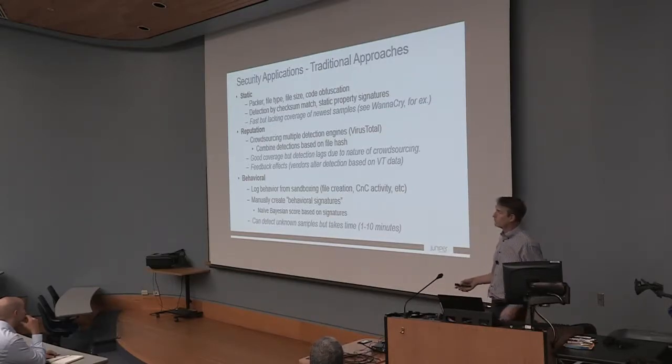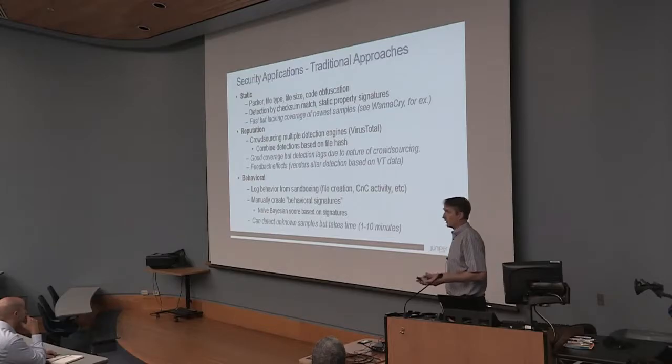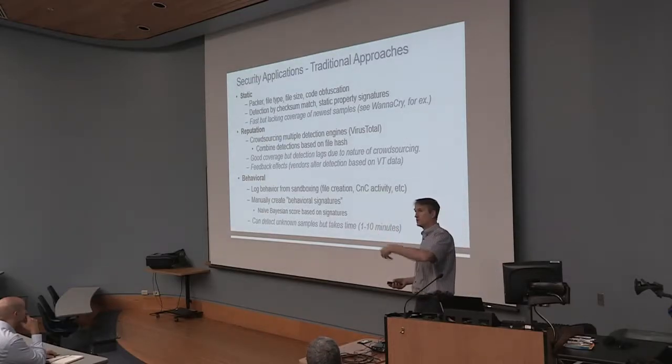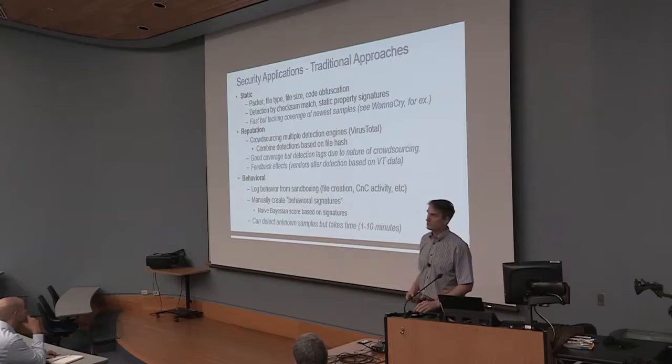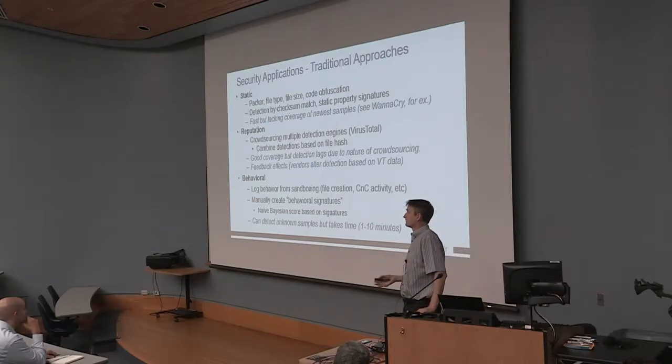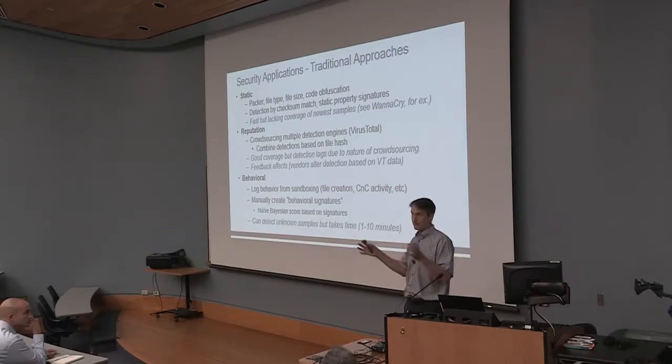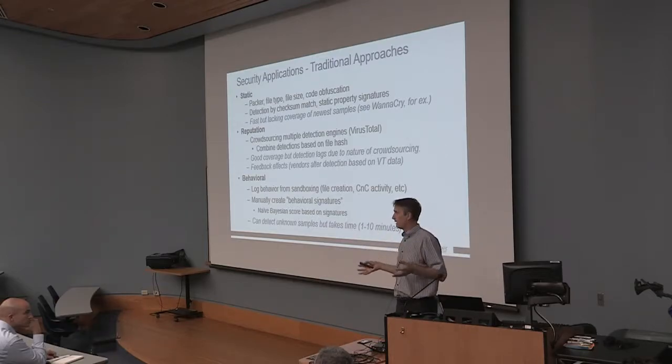And that's also what most network devices use to detect whether or not the incoming flows are malicious. There's a very good reason why those devices are using static detection, and that is because it's fast. By static detection, I mean you look at the content of the object, just the bytes of the object, and you make a determination based on those bytes whether the thing is malicious or not.